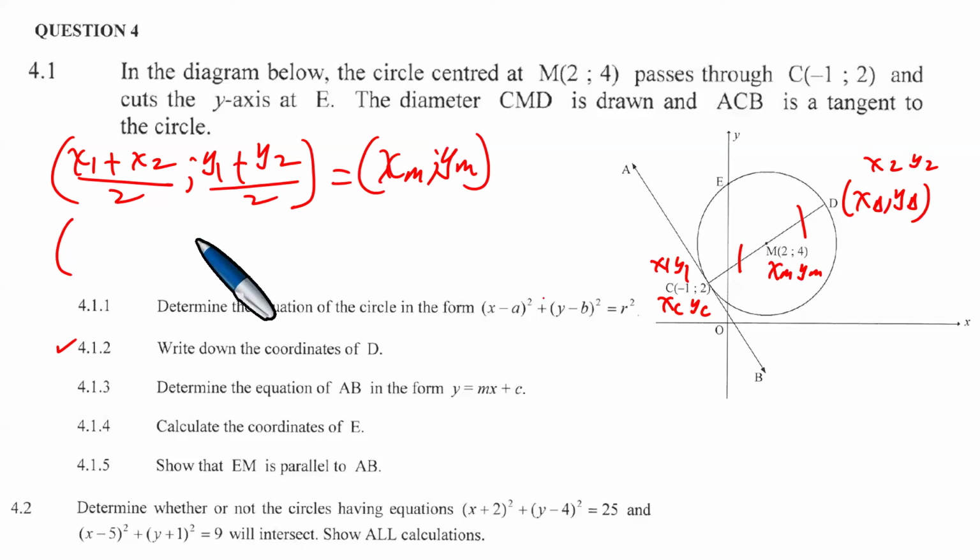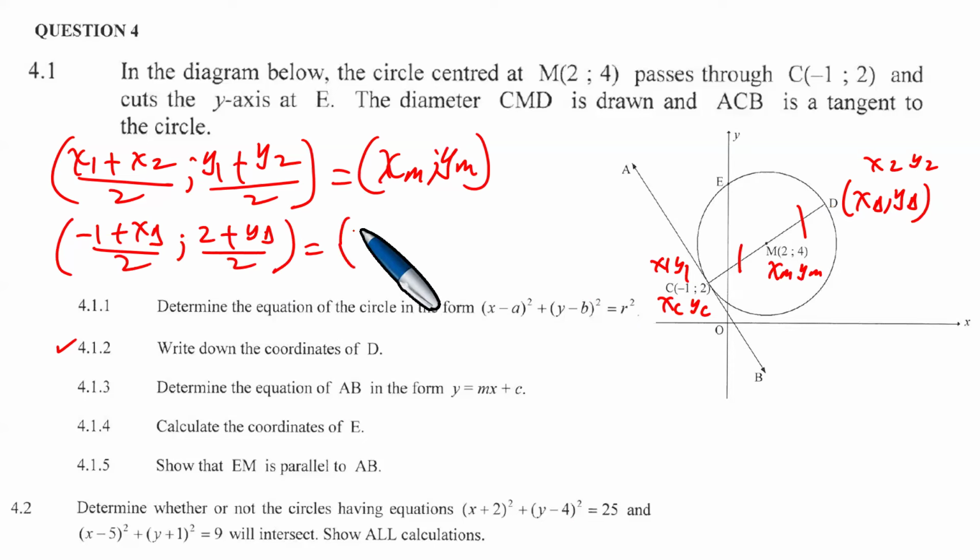So that your x1, for instance, is -1, and x2 itself is xd. y1 is 2, y2 is yd, out of 2, xm is this.